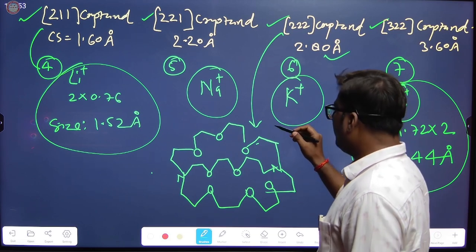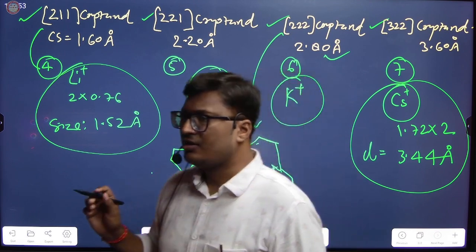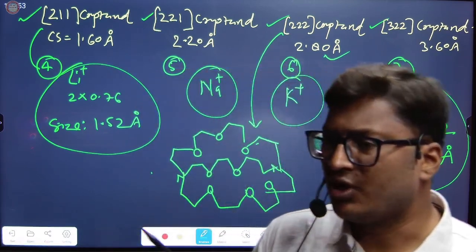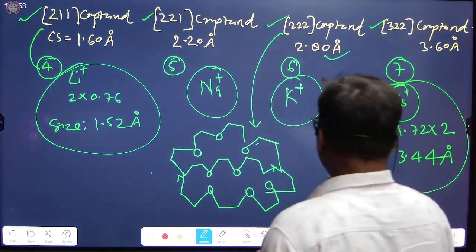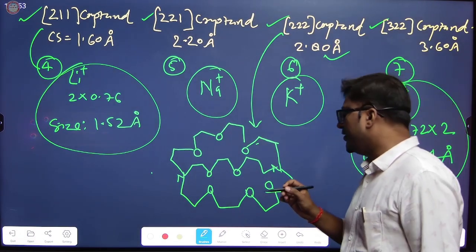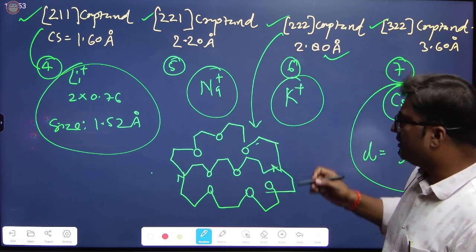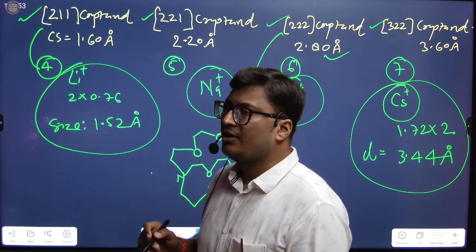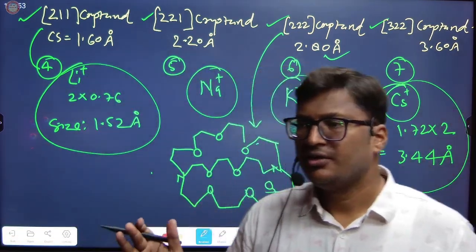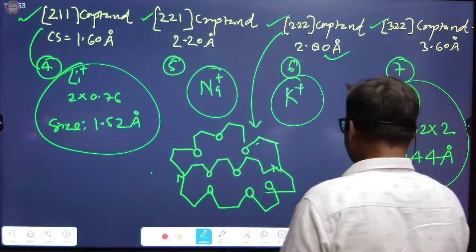So here we can insert either electron withdrawing groups on the exterior of the hydrocarbons, like NO2, or electron donating groups like amine, so the cavity size can be changed.